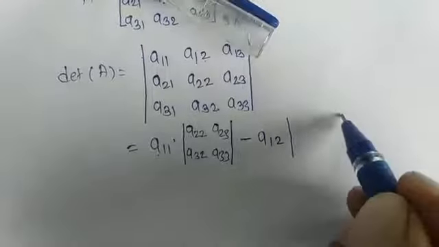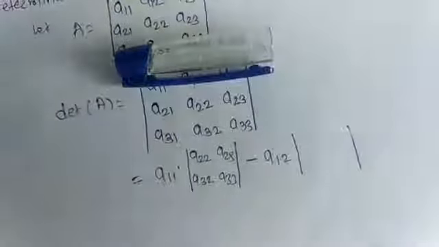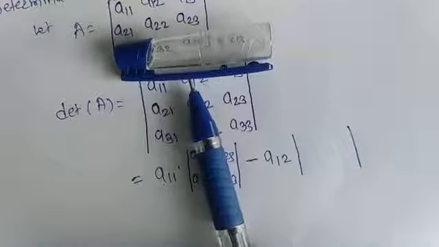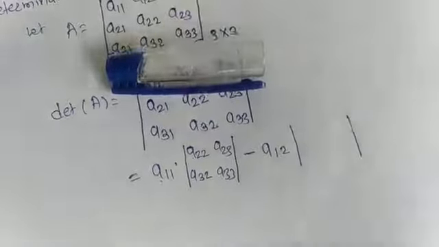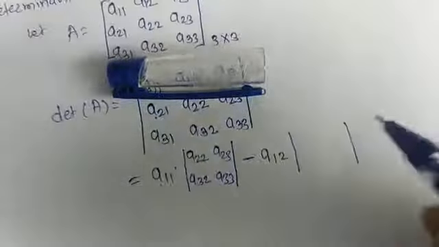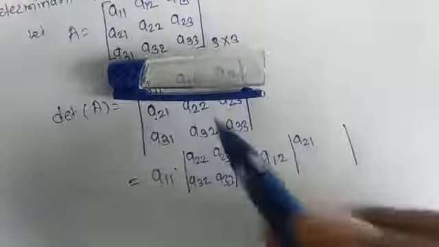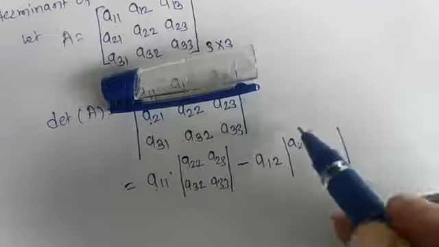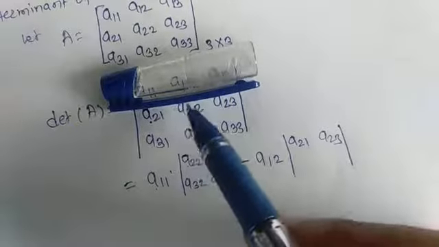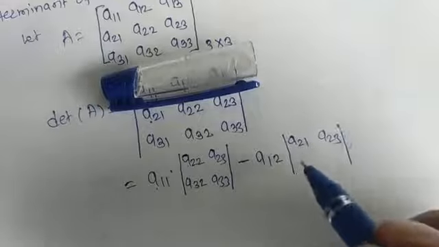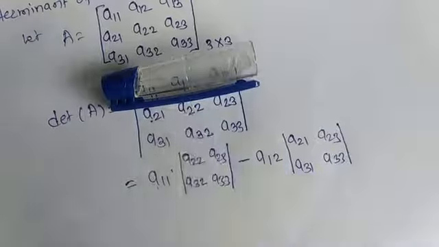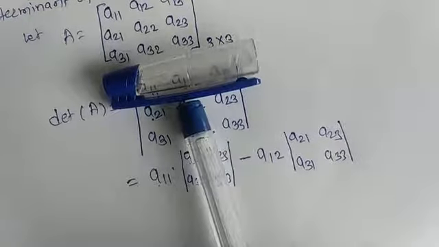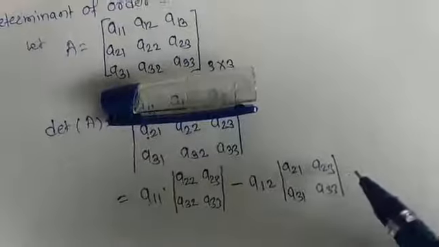The remaining terms are A21, A23 for the first row and A31, A33.